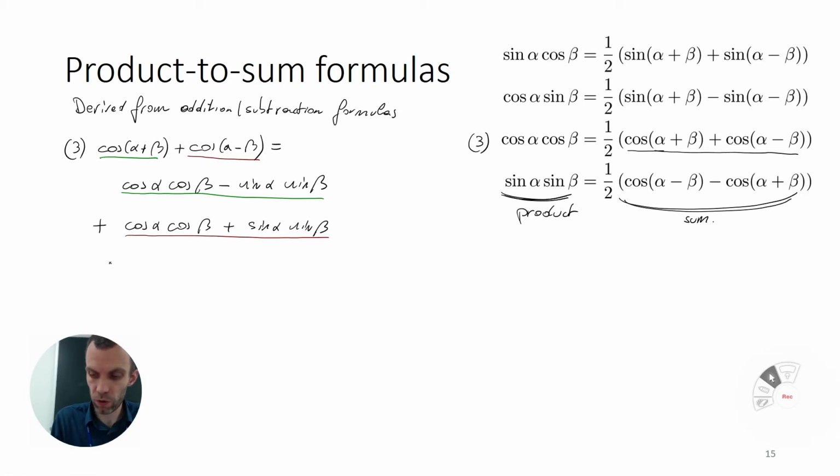And so now what does that equal to? Well, you see that this term cancels against that term, and we're left with 2 times cosine alpha cosine beta.